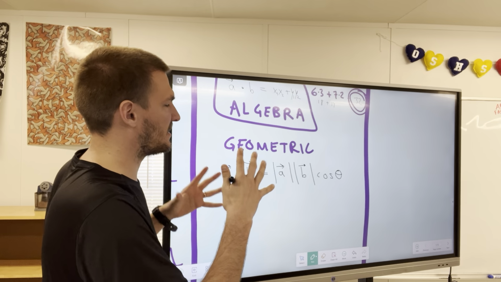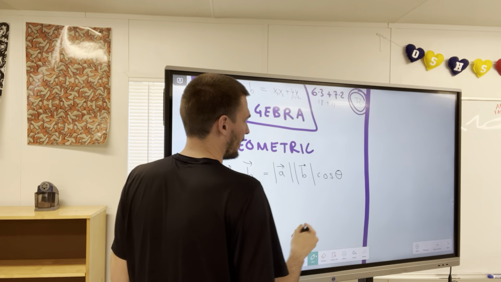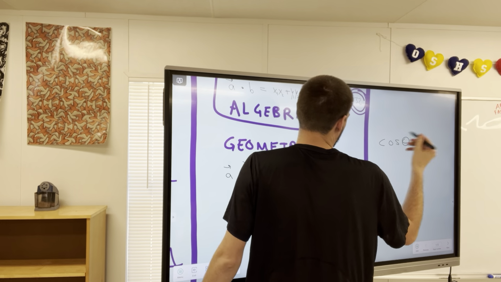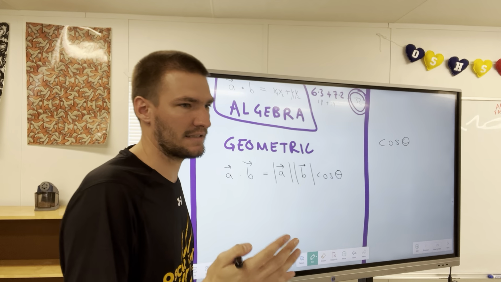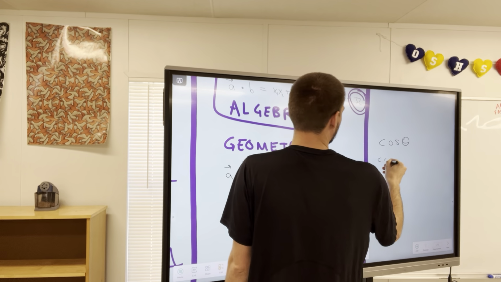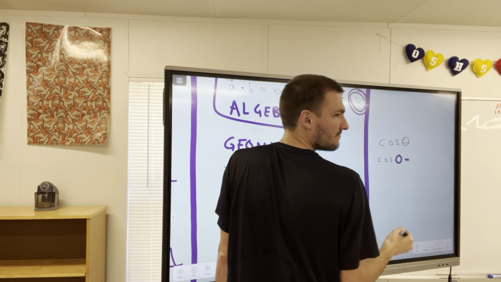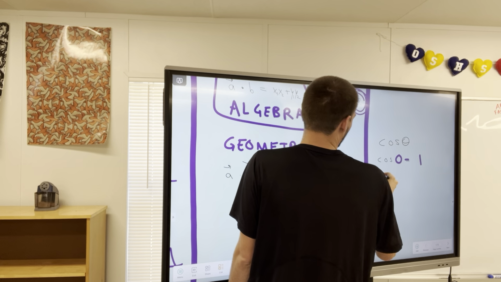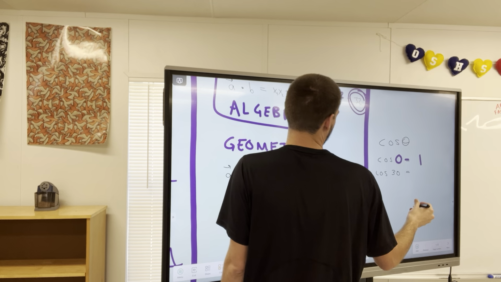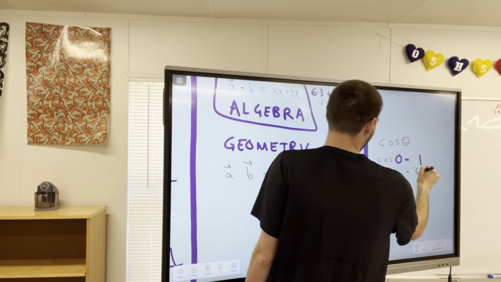Let's think about the range of things that we might get for cosine of theta. What are some that you have memorized? Think about the unit circle. The cosine of 0 is 1. The cosine of 30 is square root 3 over 2.